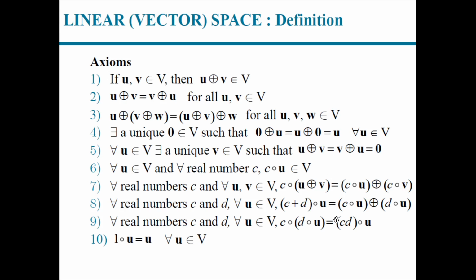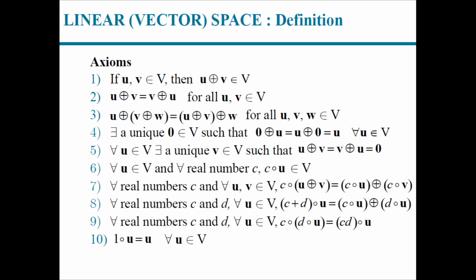All the others are things that you are already familiar with, even though you were not aware of it. We don't need to remember them, we don't need to verify them. If somebody was defining a new way of adding vectors or a new way of multiplying a vector by a constant, then those people would need to verify all these conditions. We will not do any of those.